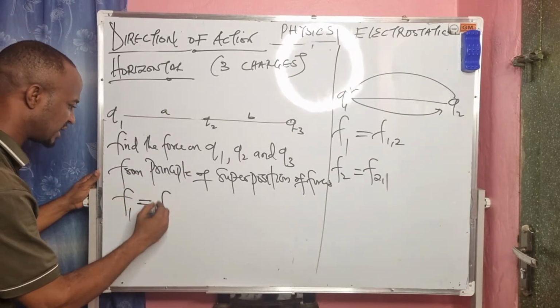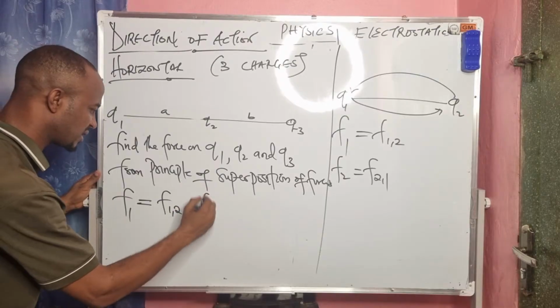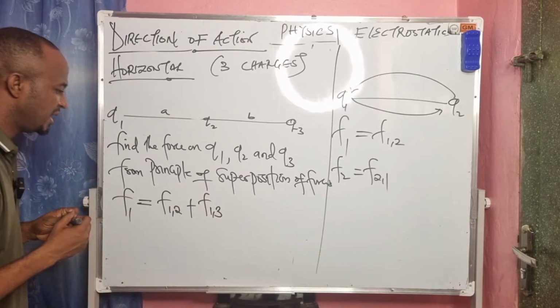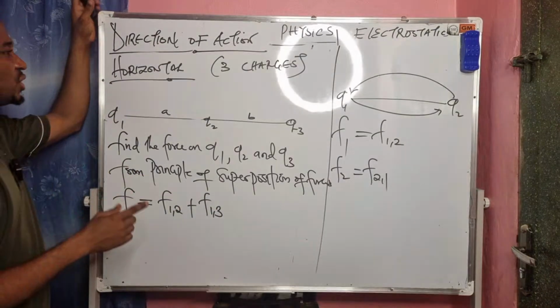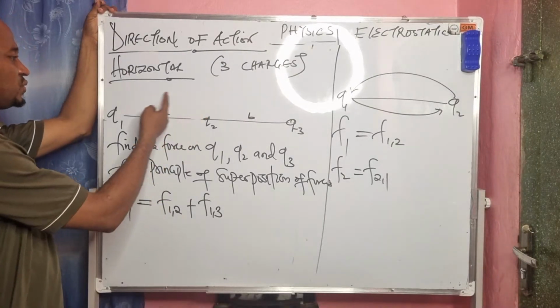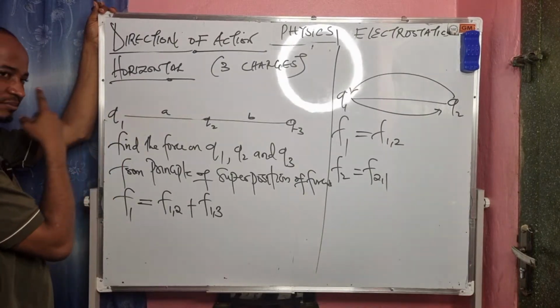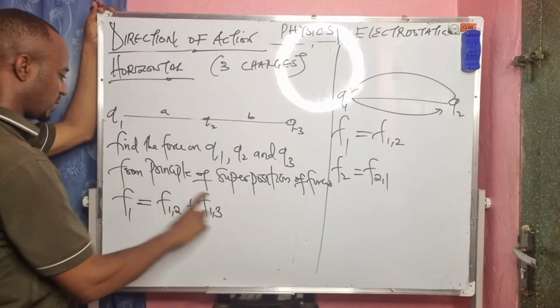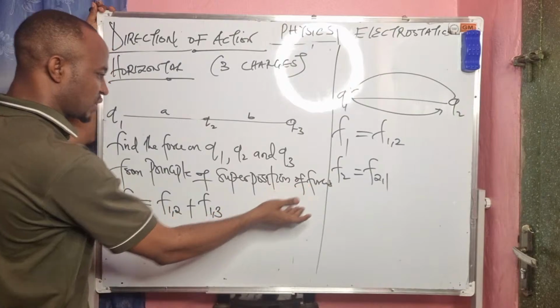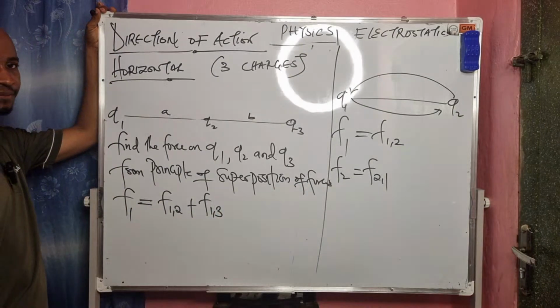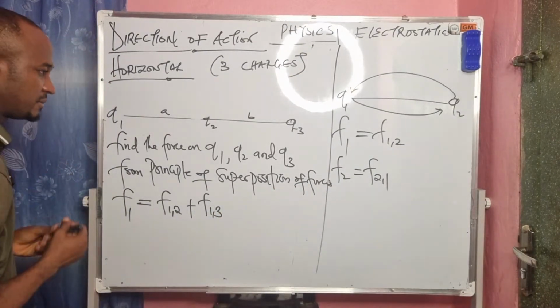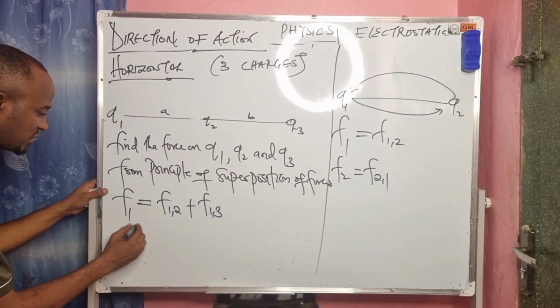That will give us F12 plus F13. The direction of action is from charge 2 to charge 1, plus charge 3 to charge 1. We call this the principle of superposition of forces.